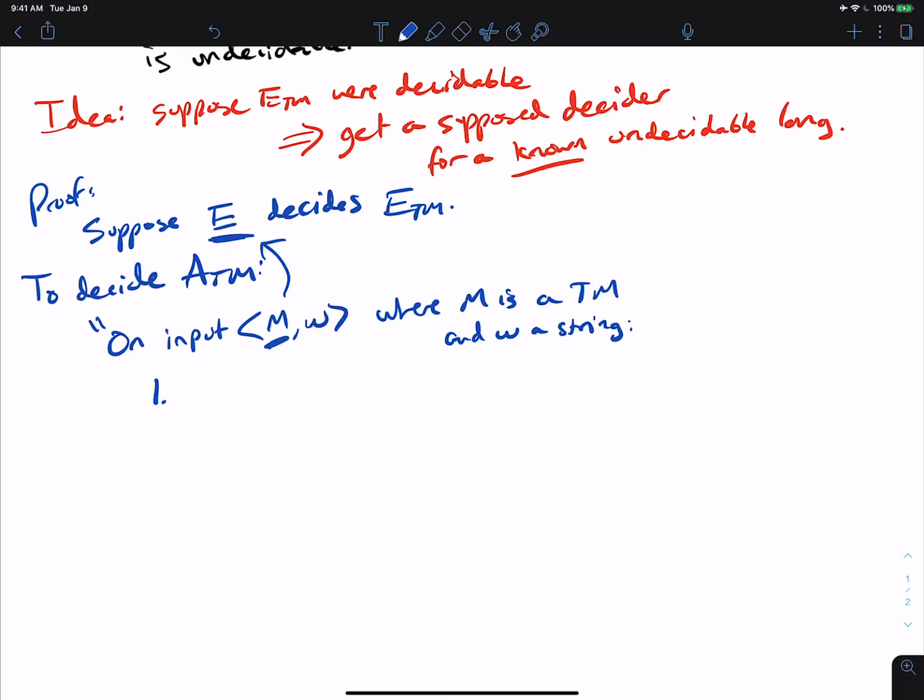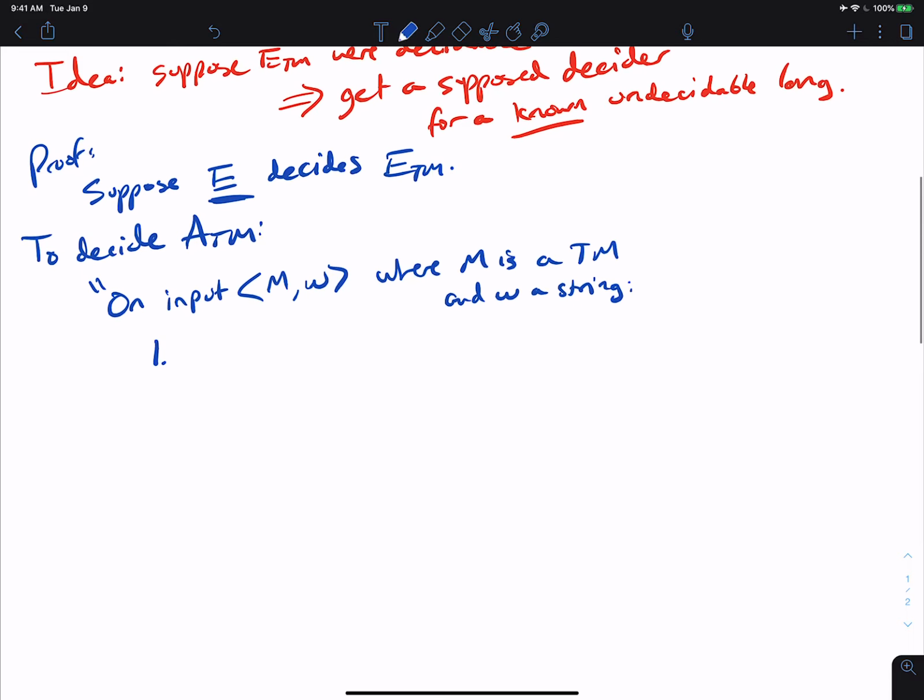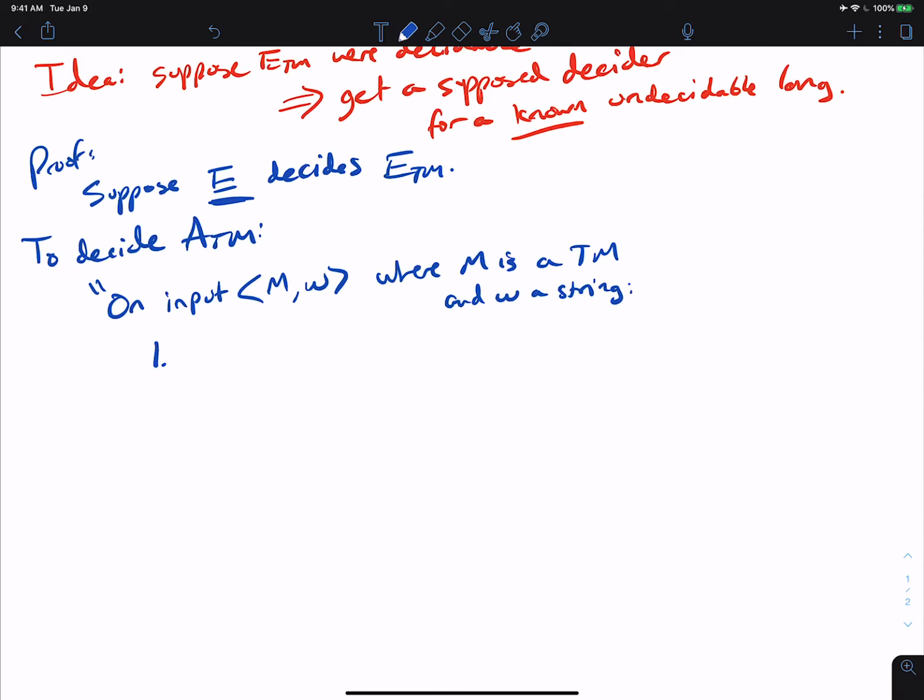But now suppose that E says no, your language is not empty. That's the only information E could tell us. Just because it's not empty doesn't tell us that M accepts W. It accepts something, but it might not accept the string W. So we can't just feed the machine M into the machine E to figure out whether its language is empty.